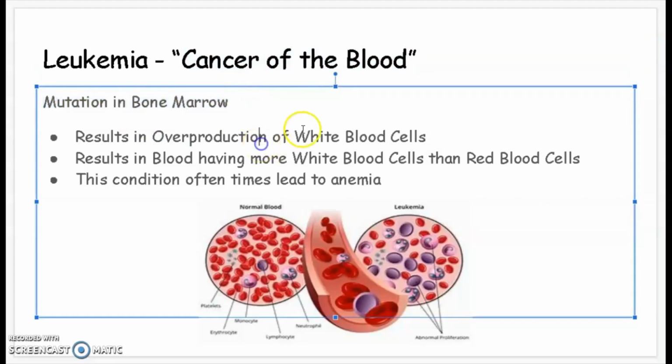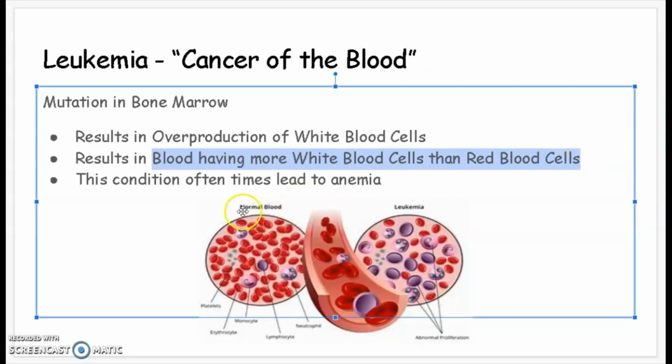Bone marrow actually makes white blood cells. They are like the defenders of the body. They protect you from illness and foreign invaders. And so this mutation in the bone marrow causes an overproduction of white blood cells in most cases. This results in the blood having more white blood cells than red blood cells.